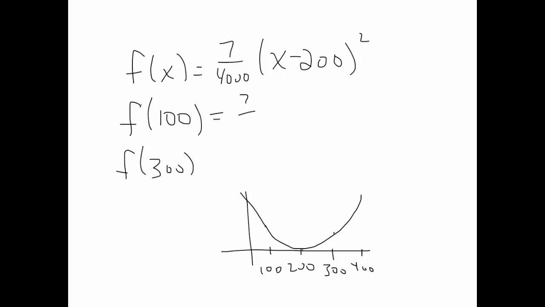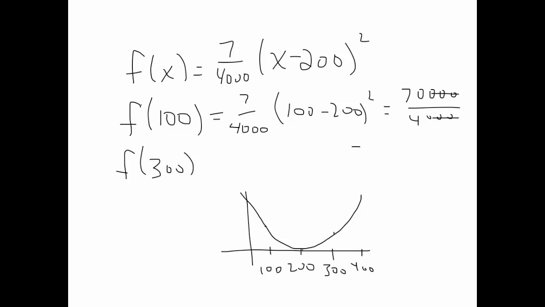So let me calculate this for 100. Putting 100 in for x gives me 7 times 100 squared, that's 70,000 over 4,000, which a lot of those thousands go away.